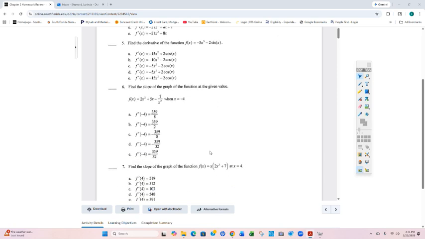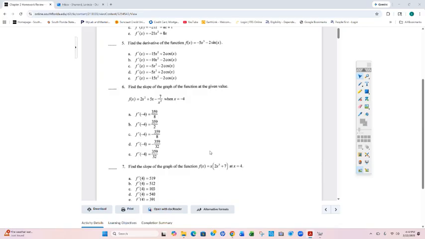Number 5, find the derivative of the function f of x equals negative 5x cubed minus 2 sine x. Answer A, f prime of x equals negative 15x squared plus 2 cosine x. Answer B, f prime of x equals negative 10x squared minus 2 cosine x.